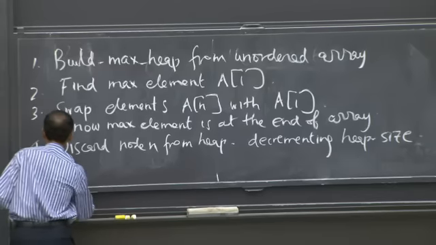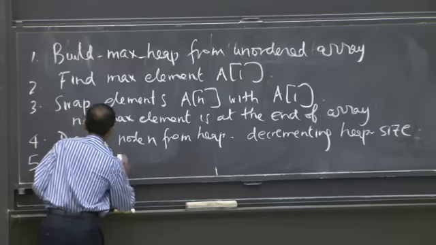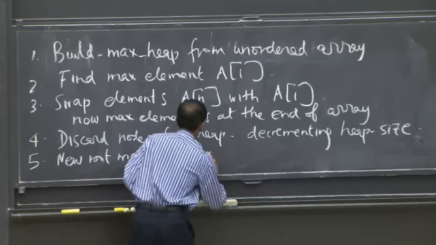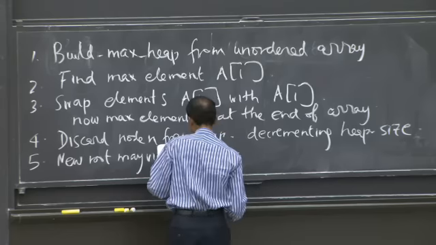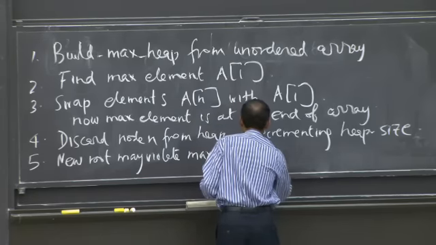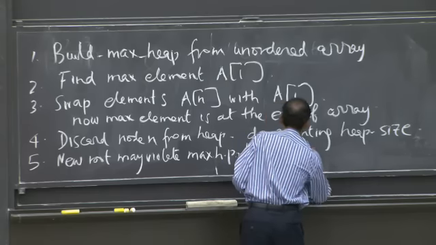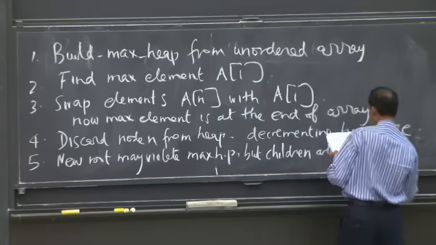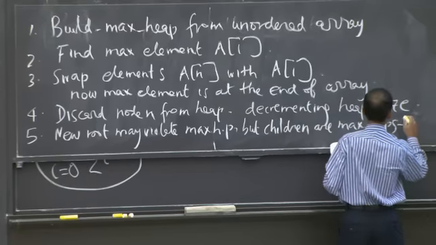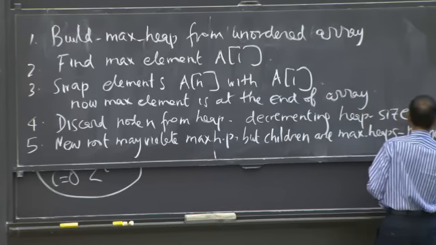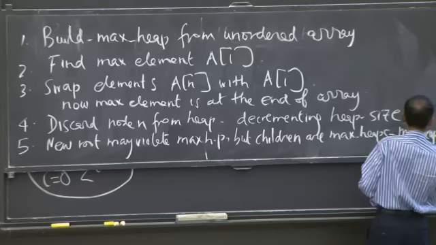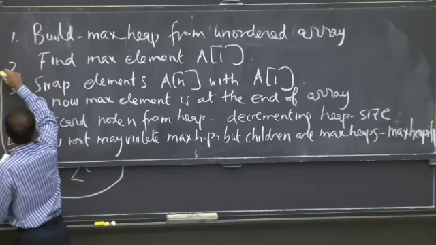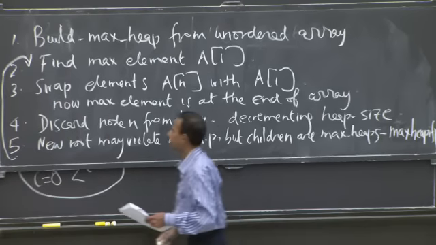Now the new root, which after the swap may violate the Max-heap property, we'll call it the MHP, but the children are Max-heaps, because that's the one node that can possibly violate it. So what that means is we can run Max-heapify to fix this. And that's it. Once you do that, you go back to that step.